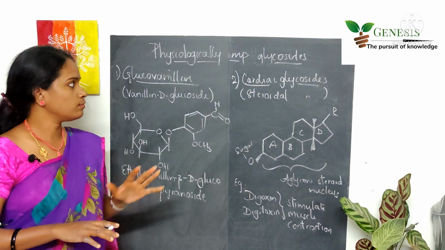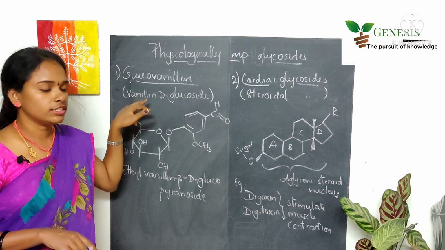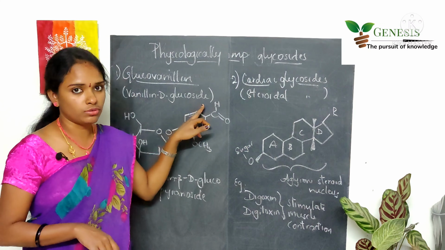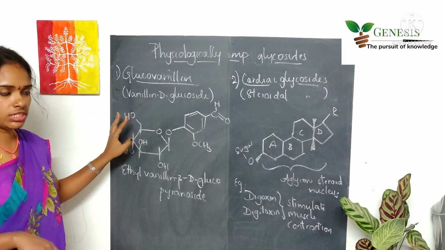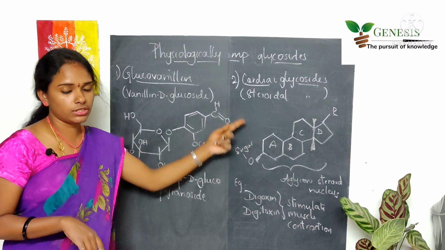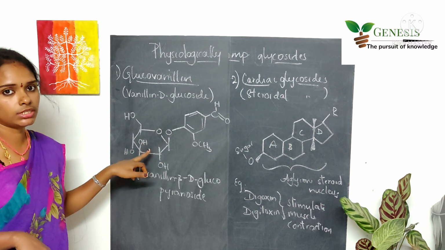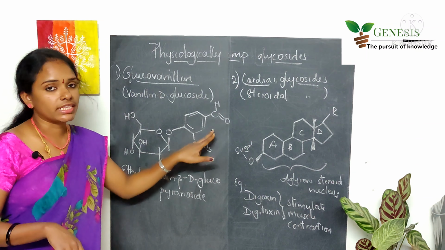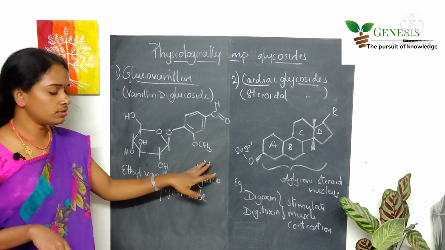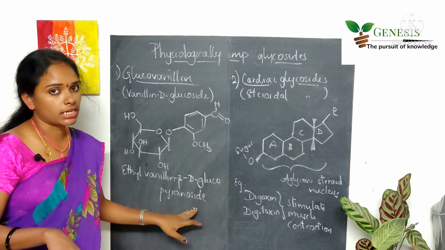The first physiologically important glycoside is glucovanillin. It's also called vanillin D-glucoside. As we have discussed, we can see one carbohydrate moiety with an aglycone, a non-carbohydrate compound. Here the carbohydrate moiety is beta-D-glucopyranose, which forms an O-linked glycosidic bond with ethyl vanillin. So the compound name is ethyl vanillin beta-D-glucopyranoside.